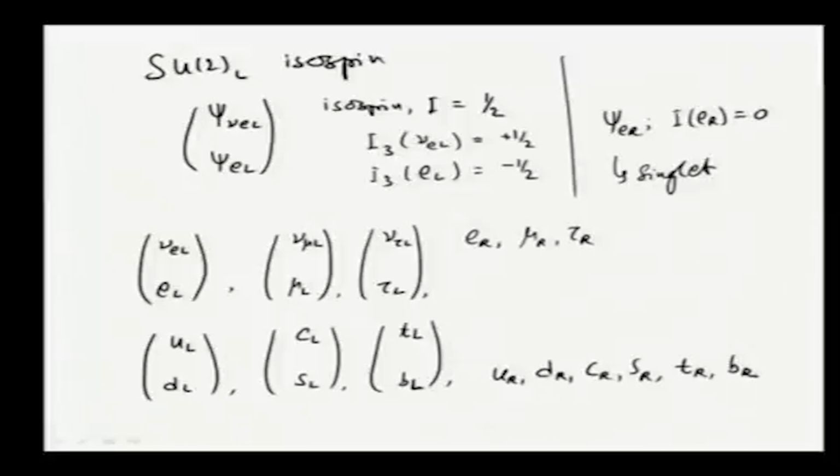All these are singlets. Okay. So, this is how we club this, write this explicitly in terms of the multiplets under SU2L. That is one thing.